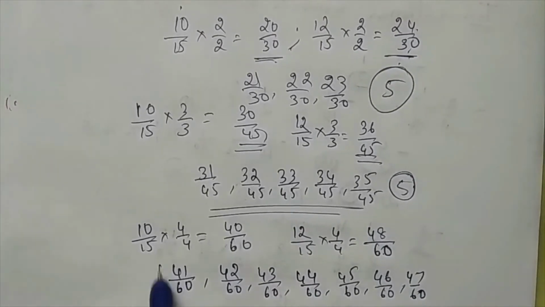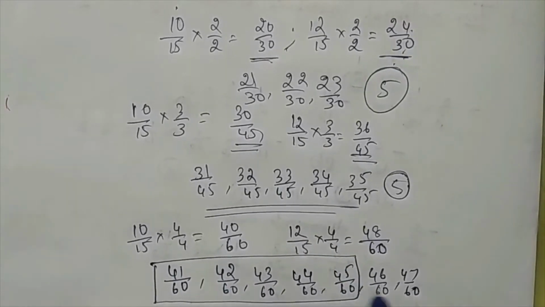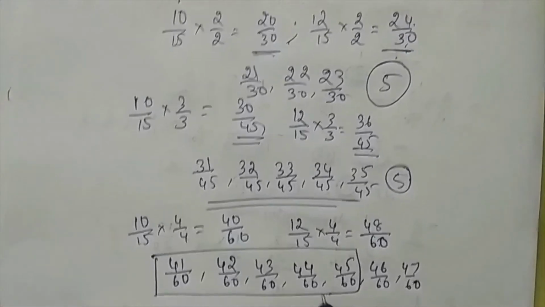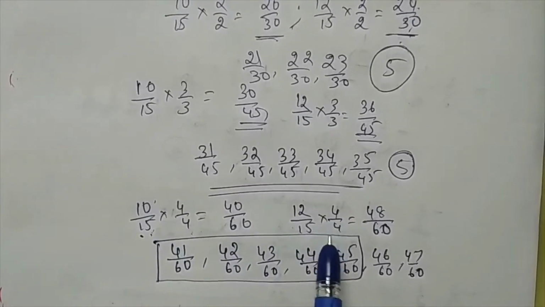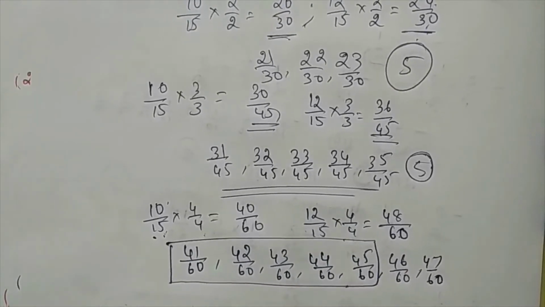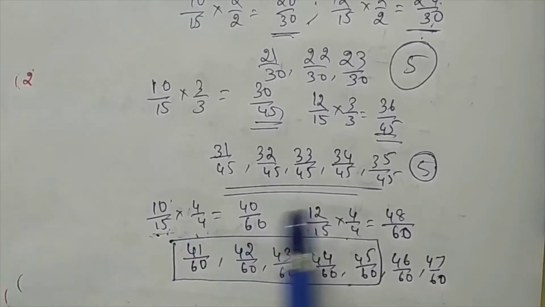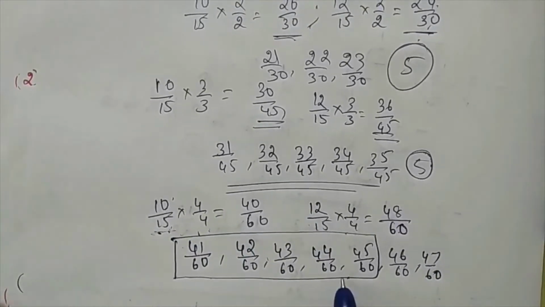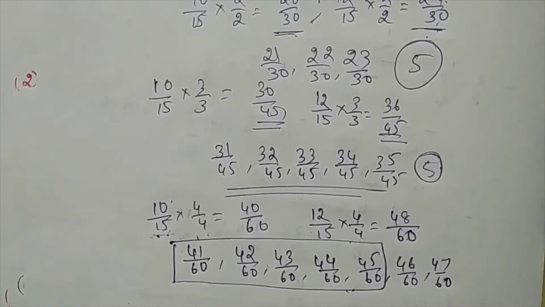And we can write any 5 of these rational numbers. Similarly, we can multiply 10 by 15 into 5 by 5, 12 by 15 into 5 by 5. Like that, we can do. We can multiply the fraction with any other number, 5 by 5 or 6 by 6, and we can write any set of 5 rational numbers in between those numbers.